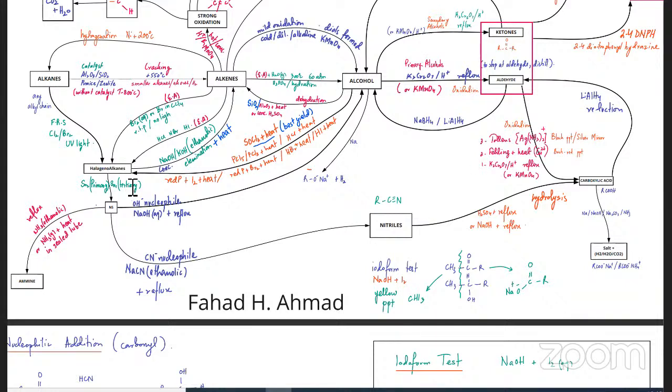The only direct path is you replace the halogen with CN, you end up with a nitrile, and then the nitrile gets hydrolyzed with acid or alkali, and it turns into a carboxylic acid. So in 2 steps from halogenoalkane to carboxylic acid, that's the only path you have. You can't increase the carbon chain length any other way. You have to make a nitrile first.